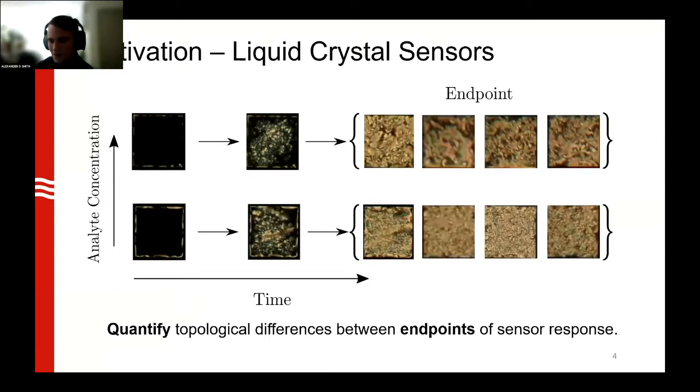Here are some experimental images of liquid crystal sensors. On the very left-hand side, what you're seeing is the state of the liquid crystal sensor before it's been exposed to any analyte. We're looking at the sample through a cross-polarized microscope.